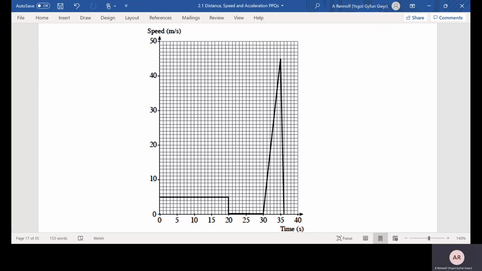It stops then for 10 seconds between 20 and 30. We're stationary. And then we accelerate from 30 to 35 seconds and then decelerate again in 1 second between 35 and 36 seconds. So that's what's going on in that graph.